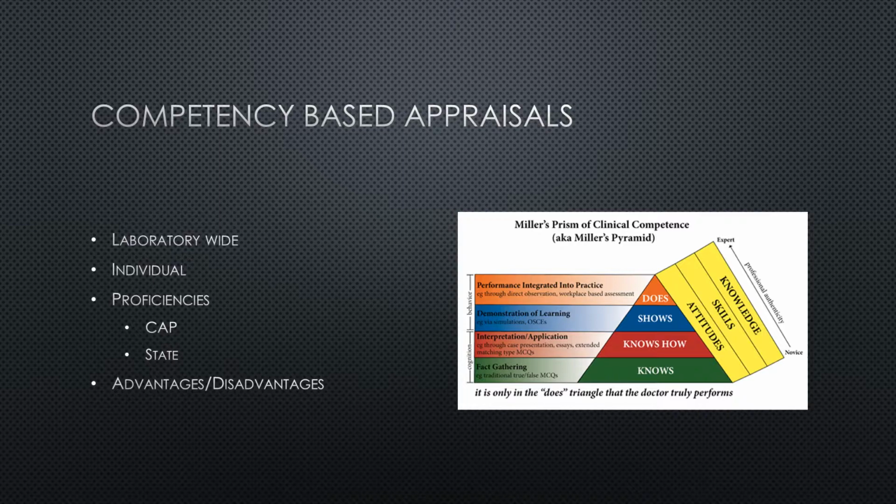For example, you get in a proficiency for chemistry tests, and you have, say, 5 different chemistry tests that need to be done. It's perfectly legitimate to assign them to 5 different people. That way you're testing 5 different people to make sure that each of those 5 people perform the test appropriately.